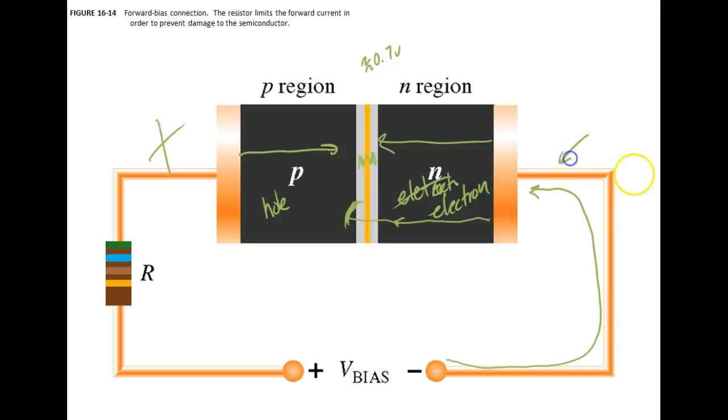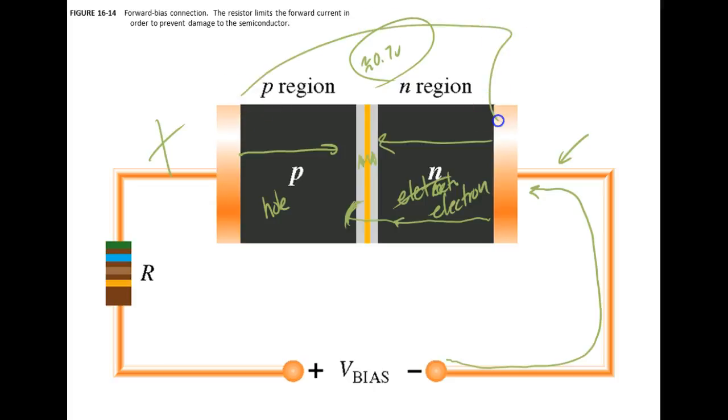Out here in our conductors we have electrons, and inside the semiconductor, hole flow in the P, electron flow in the N. And as fast as we push them in and push them that way, they're combining at the junction. So what we're doing is pushing them toward the center, and as soon as we get up to what? About 7/10 of a volt, then the thing's going to start conducting.